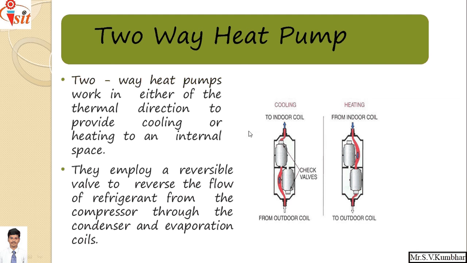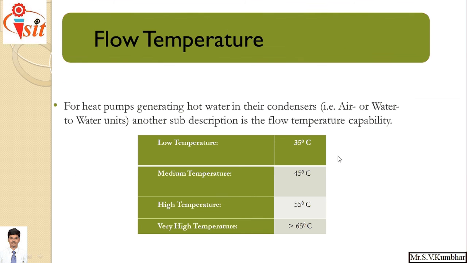So one check valve is used. So if high pressure, high temperature vapors of refrigerant pass directly, then generally a heating effect is achieved, and if through the evaporator low pressure, low temperature refrigerant flows to the indoor coil, then generally a cooling effect is achieved. Means here the indoor cooling effect is achieved and outdoor from the outdoor coil. So this is all about the two-way heat pump.